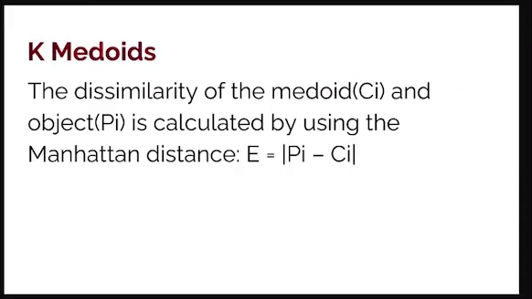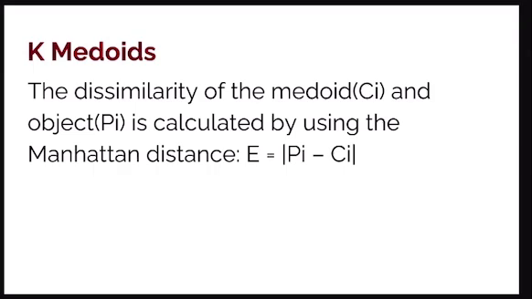Because of that, before we can choose a particular data point to serve as a medoid, we have to look at the closeness. We have to determine the dissimilarity between that particular data point and the object we are classifying.